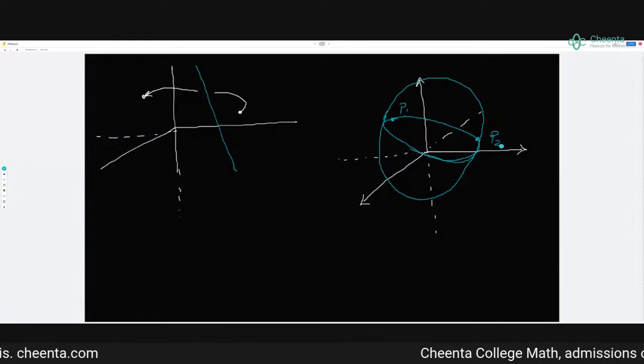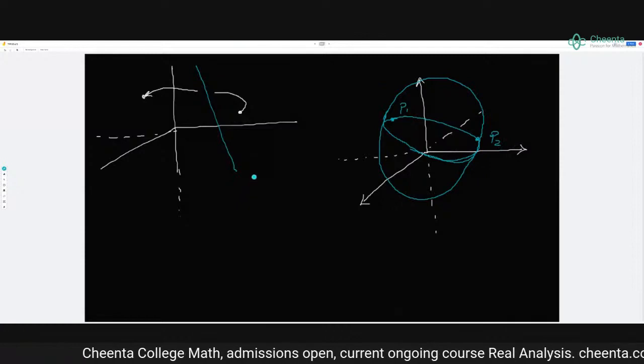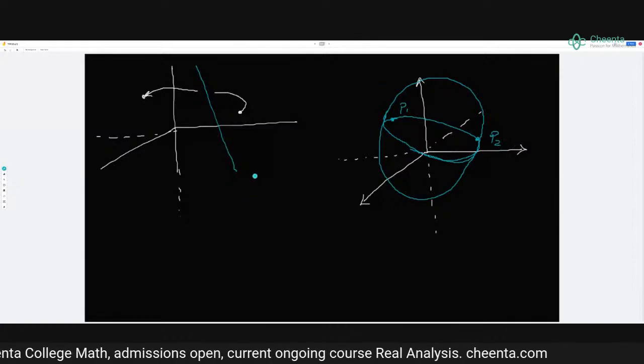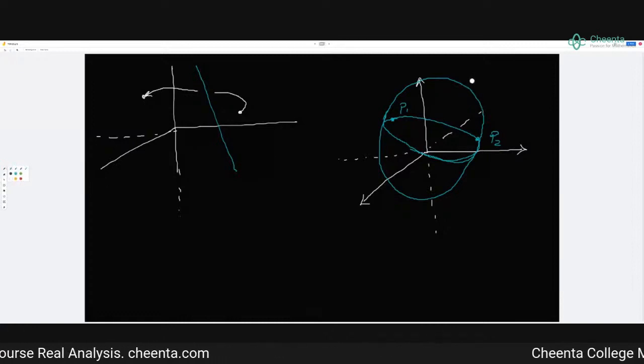Now if you are removing countably many lines from R3, then there is a possibility that you are also removing countably many lines passing through this sphere.